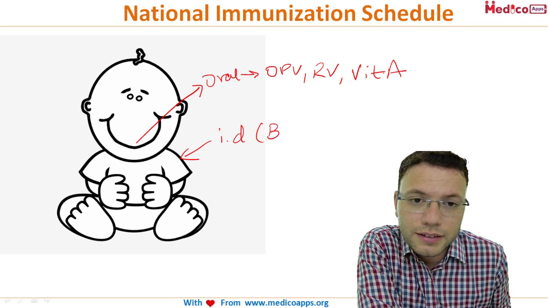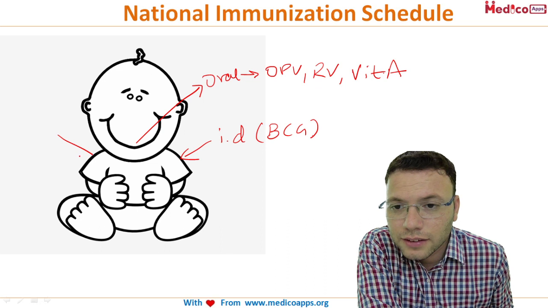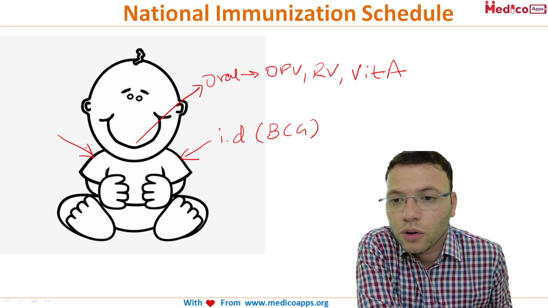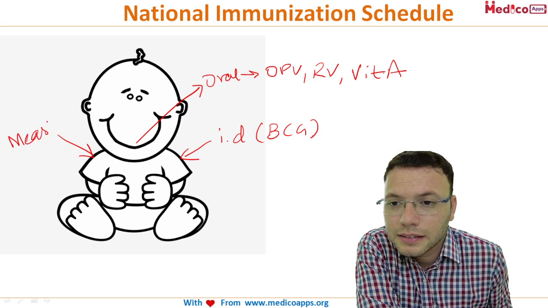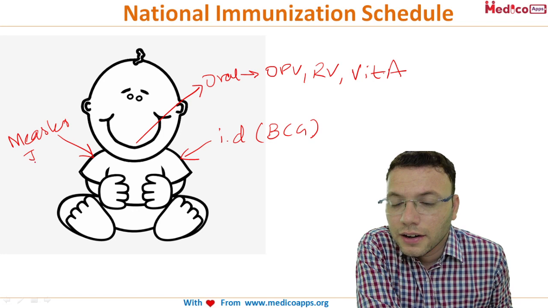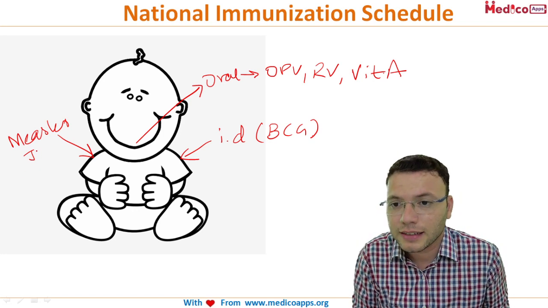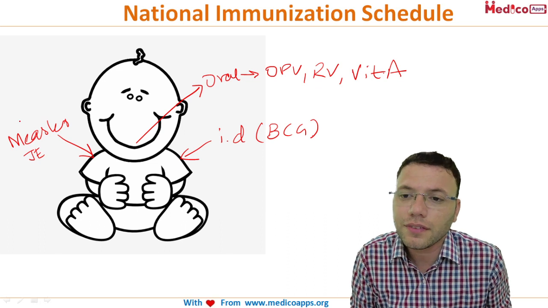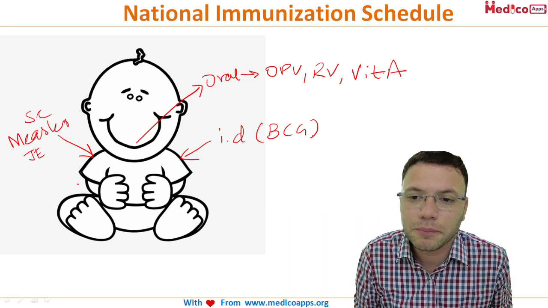The only one you give is BCG. Subcutaneous you give on the right arm, at the 9th month, that would be measles, or Japanese encephalitis. This is given subcutaneous, very simple.